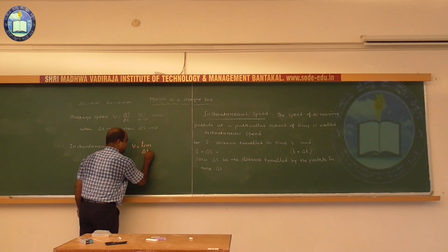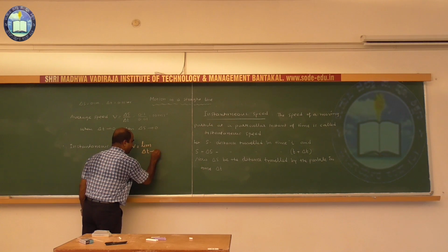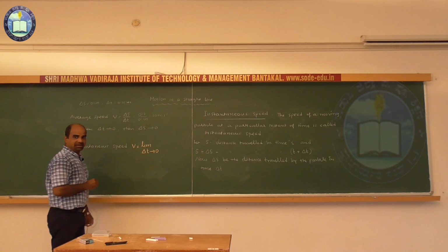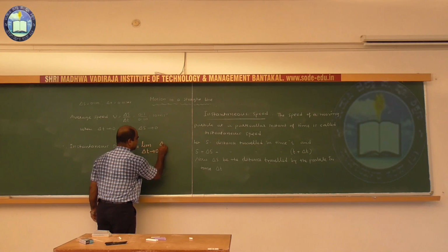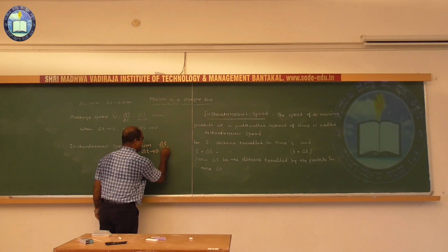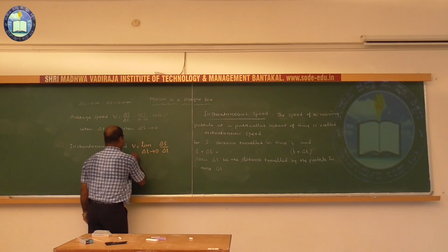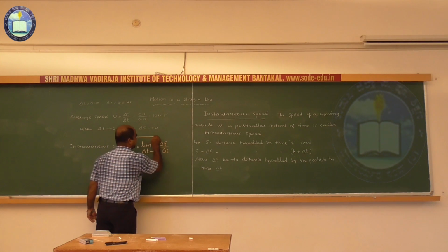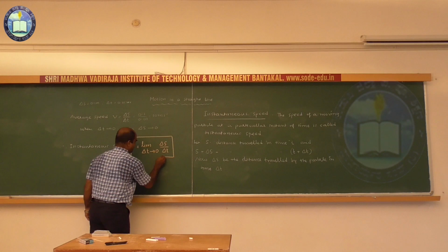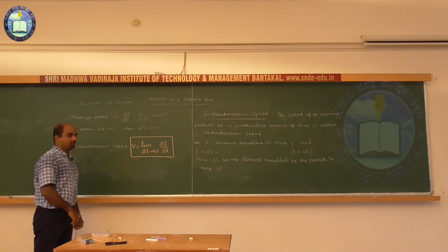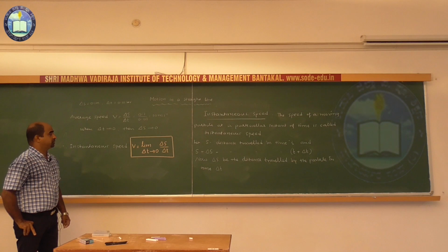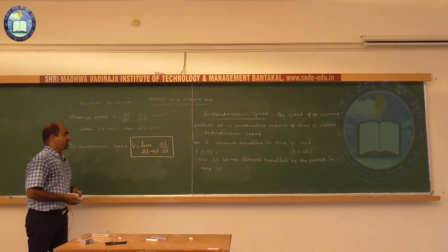V is equal to the limit of delta t tends to 0 of delta S divided by delta t. This is the mathematical formula for the instantaneous speed of a moving particle.